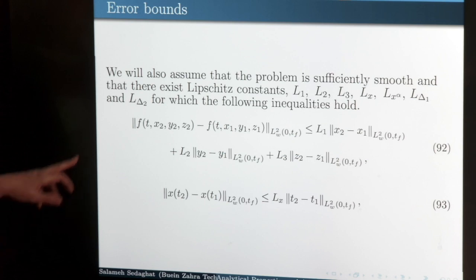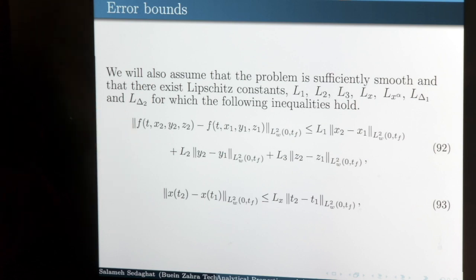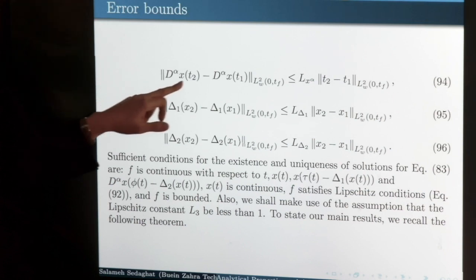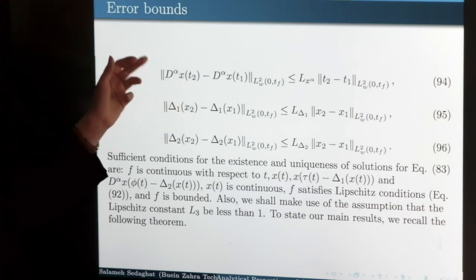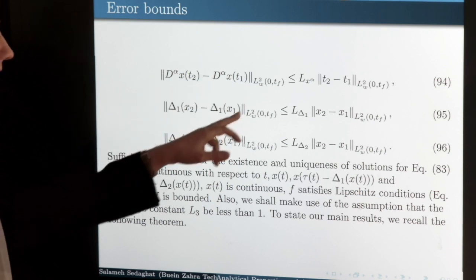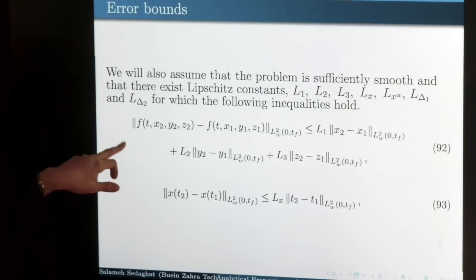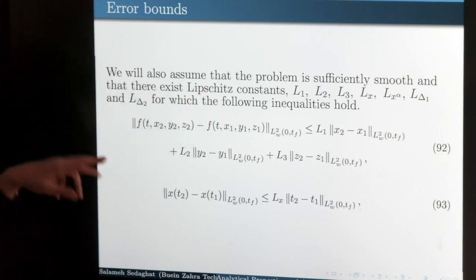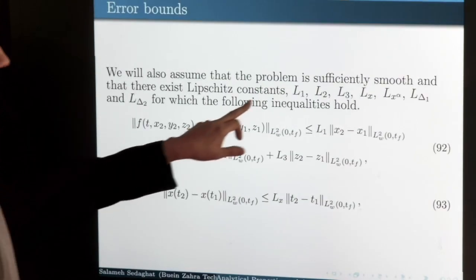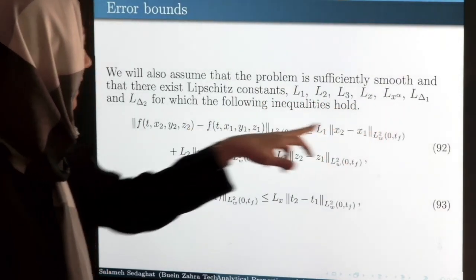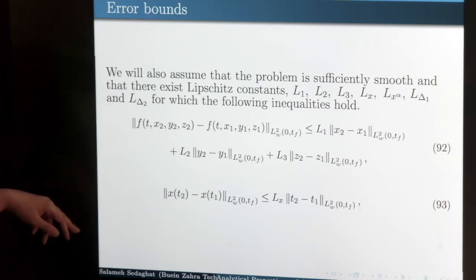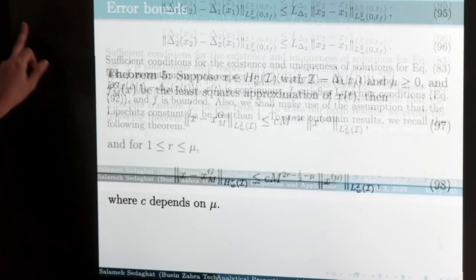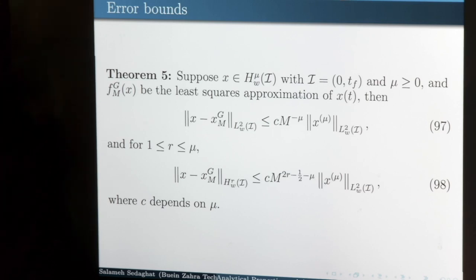Also, we suppose that F, X, the derivative of X, the fractional derivative of X, and the delay terms all satisfy the Lipschitz condition, and we suppose that L1, L2, B are Lipschitz constants. Here we have a theorem. You can see this theorem in this book.